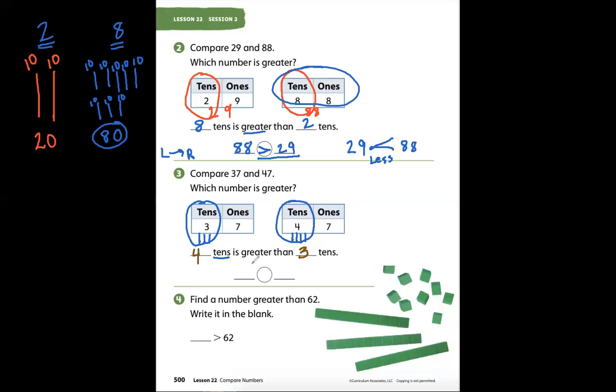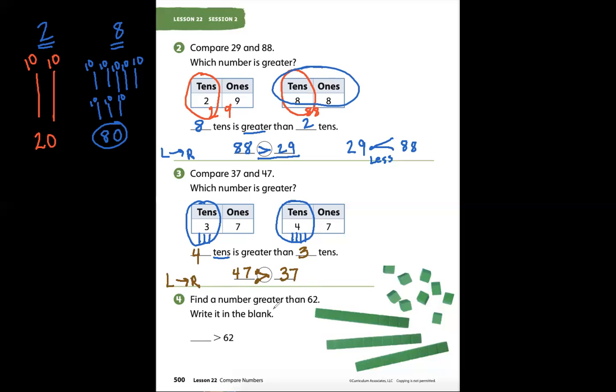So 4 tens and 7 ones, 47 is greater, so it gets 2 dots. 37 is fewer or less, so it gets 1 dot. Then I connect it and I read it from left to right. 47 is greater than 37.